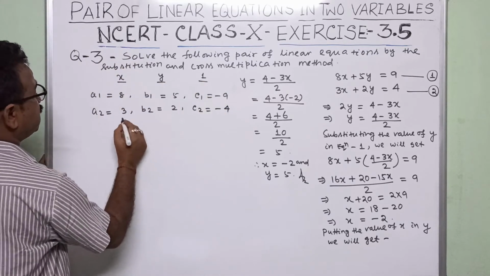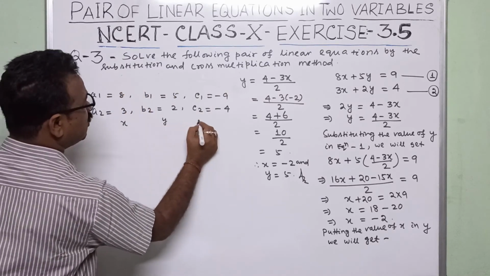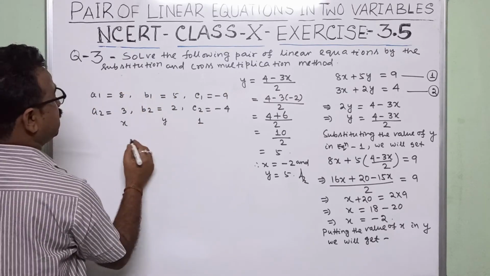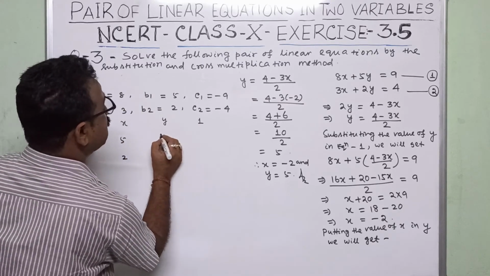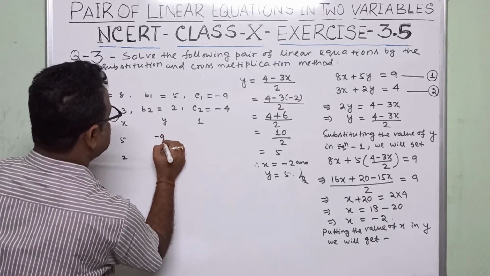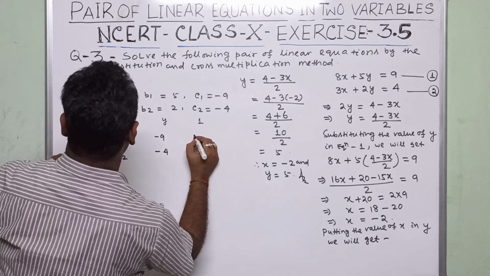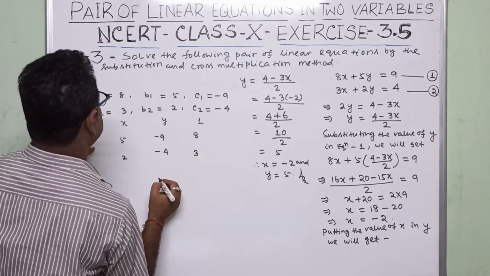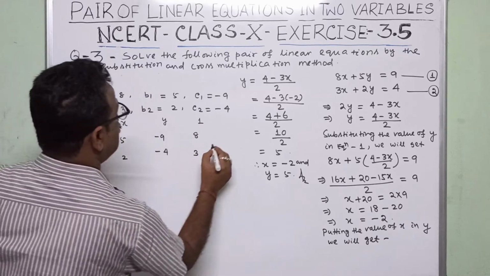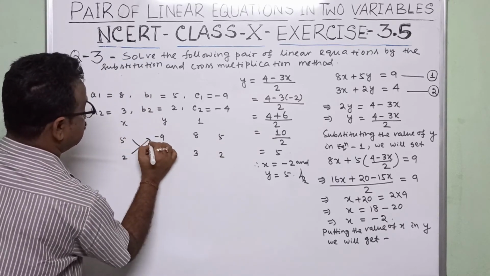So x, y, 1, here I will write again x, y, 1. It will be easy for you. So b1 by b2, 5, 2. Now c1, c2, minus 9, minus 4. Then a1, a2, 8, 3. Then b1, b2, 5, 2. So this is your cross multiplication.